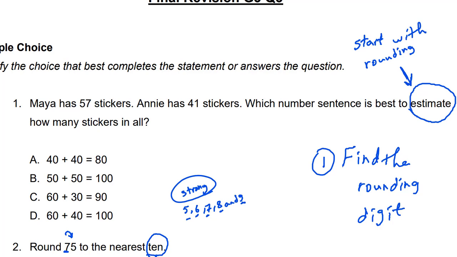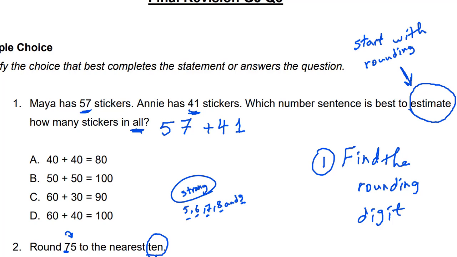And here, my heroes, we have the two numbers, 57 stickers and 41 stickers. We need them in all. And as you know, which operation means in all? If we need to find the number in all of it, we should use, of course, addition. So in this case, we need to add 57 plus 41.